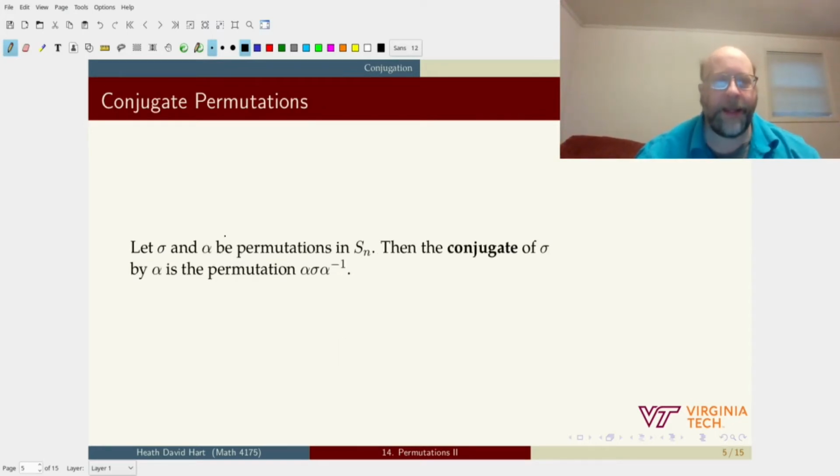Okay? And a key to being able to do that involves what we call the conjugate of a permutation. The conjugate of sigma by alpha is this permutation alpha sigma alpha inverse. So let me talk about this notation for a moment here. If you have taken modern algebra, you've seen this a lot.